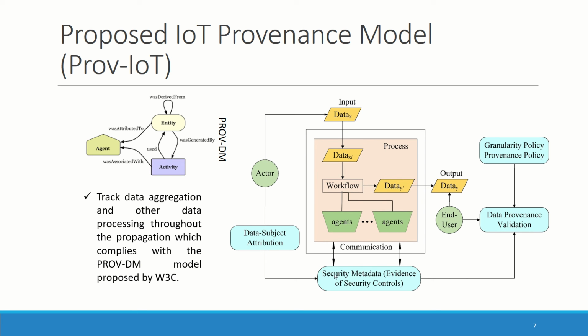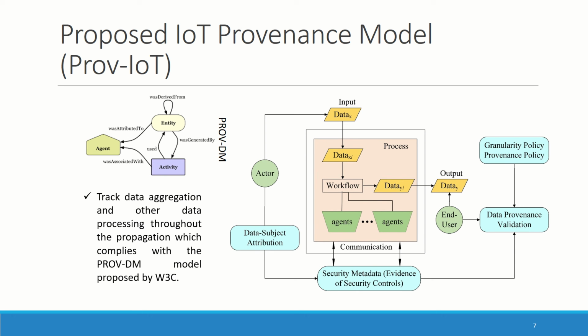All right. The security metadata includes evidence on security controls for each process generated from each workflow. Thus, the security metadata along with the data subject attributions should enable end users to validate security properties of a data propagation in the overall system. The level of provenance detail needed by actors depends on the specific application.